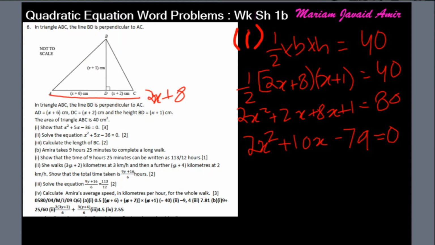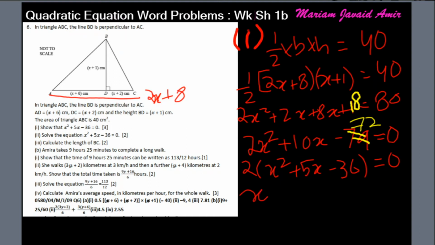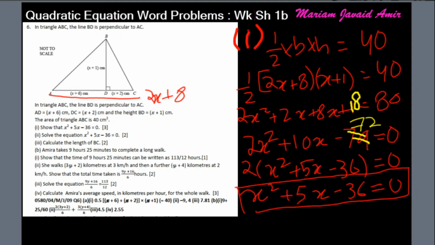Oops, this wasn't 1, this was 8, sorry, this was 8, not 10. So this is 8, and 8 minus 80 is minus 72. Now take 2 common: x square plus 5x minus 36. 2 gets divided with 0 when it goes to the other side and gets eliminated. It becomes 0 and we're left with the required equation.